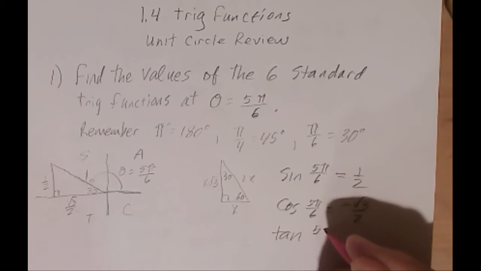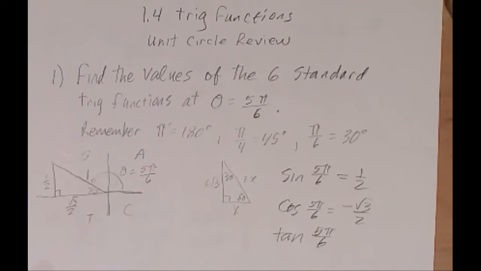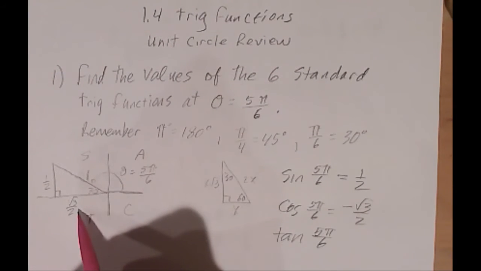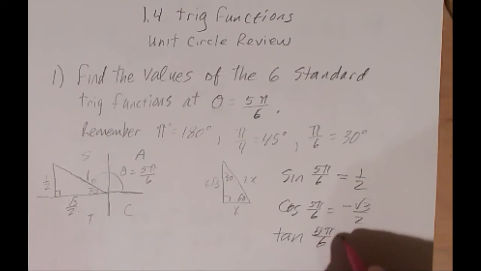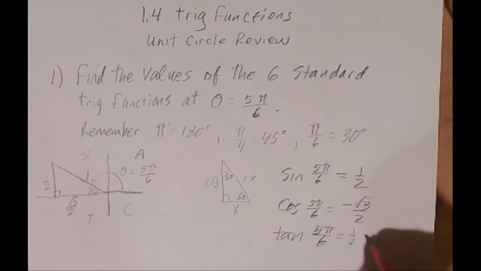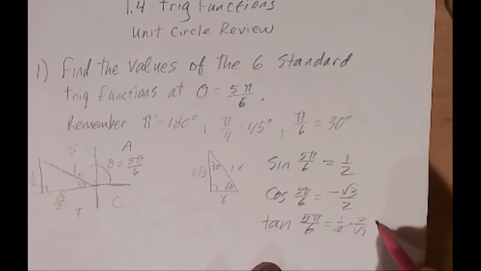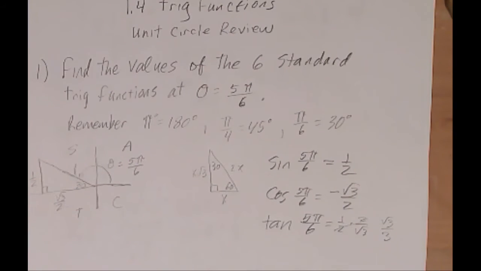Tan of 5 pi over 6 is opposite over adjacent. So 1/2 divided by this, which is 1/2 times 2 over radical 3. Didn't we just do this? These cancel, you get 1 over radical 3, and so you get radical 3 over 3.